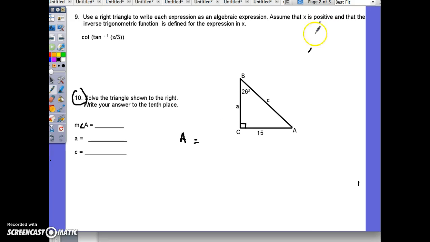It's going to be 180 minus 90 plus 26. So A is going to be equal to 180 minus 116, since 90 plus 26 is 116.